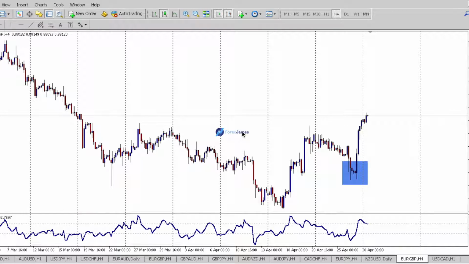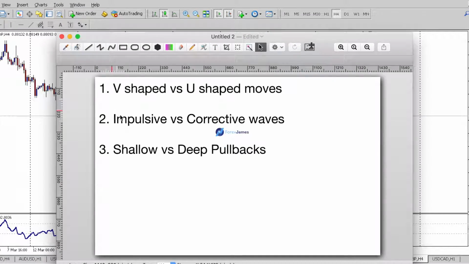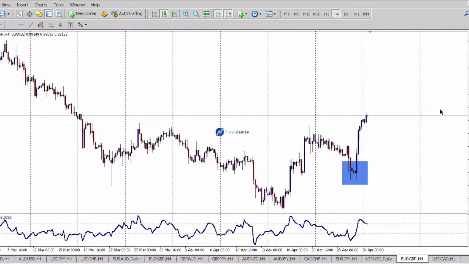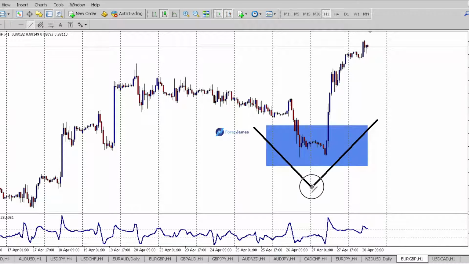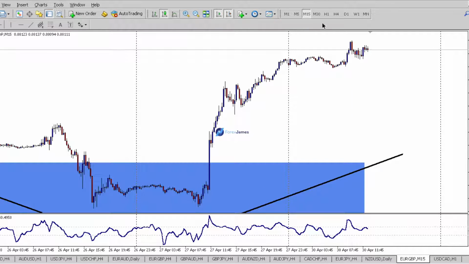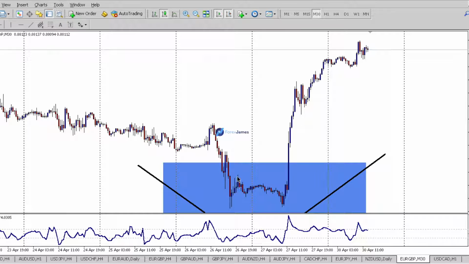The second thing I look for is the impulsive and the corrective waves. So what do I mean by these? Let's zoom in here. This is a reversal. But before the reversal happens, if we zoom into a lower time frame, we could see that price is creeping up to the downside.